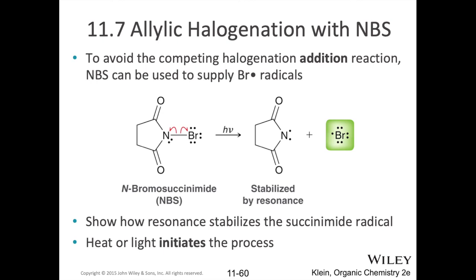It's three different pronunciations for the same spelling of a word, which gets confusing in organic chemistry, but I'm sure we'll talk about that next semester in the chapter on amines. But anyway, here we have an amide, and the bromine's attached to that nitrogen, so that's where the N in that name comes from. This is a good source of bromine radicals because the resulting succinimide molecule is resonance stabilized.